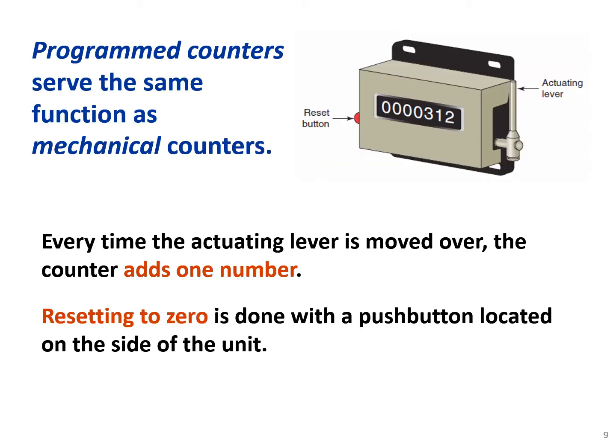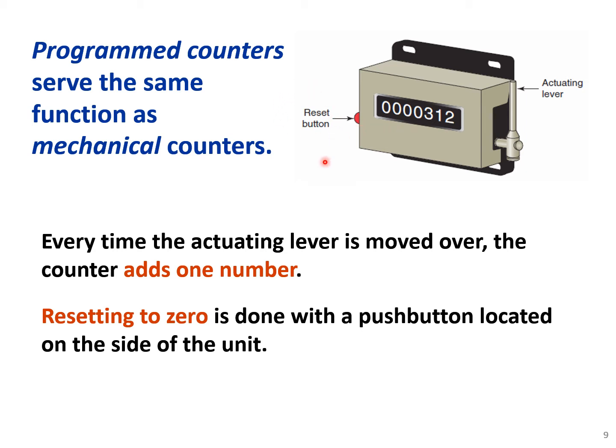Program counters serve the same function as mechanical counters. So here you can see a mechanical counter, and here we have the actuating lever. Every time we actuate the lever, we press the lever, we basically increment the number here on the front panel of the counter.